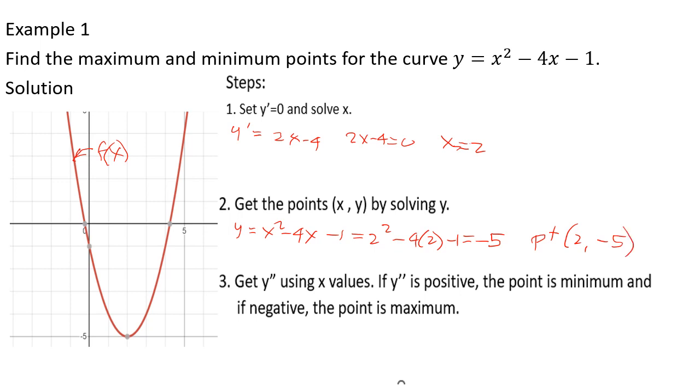The next step is get y double prime using the x values, and if positive, minimum, if negative, maximum. So y prime equals 2x minus 4 and y double prime equals 2. Since positive, point 2, minus 5 is minimum.